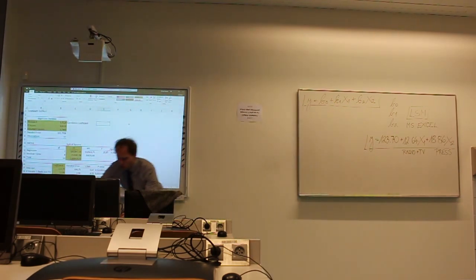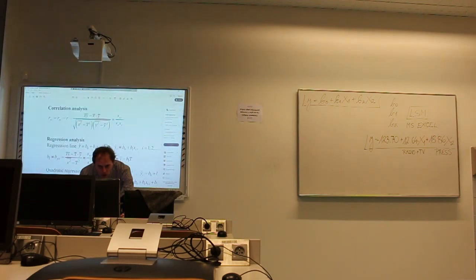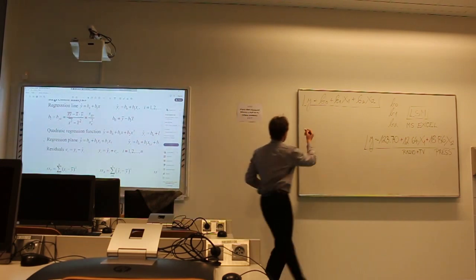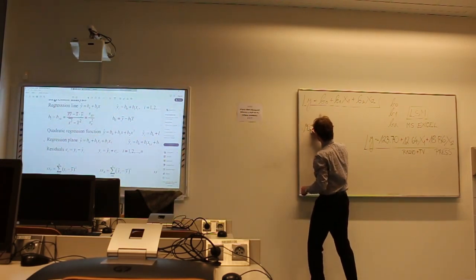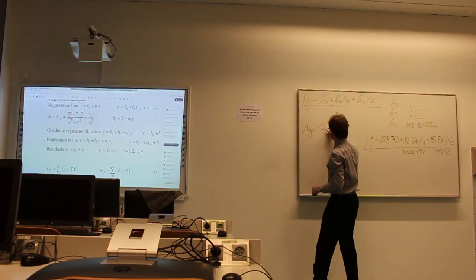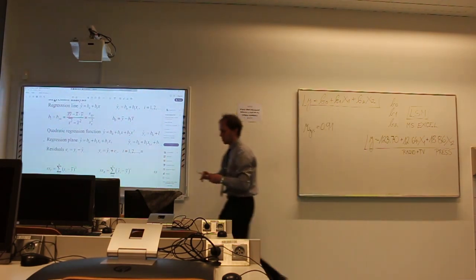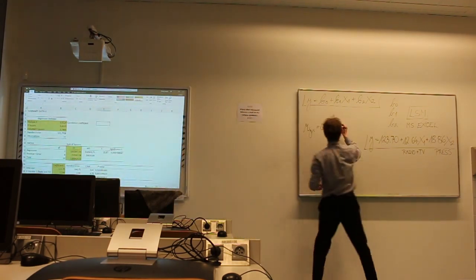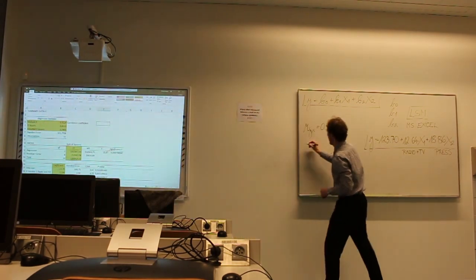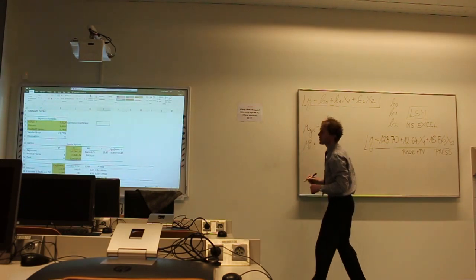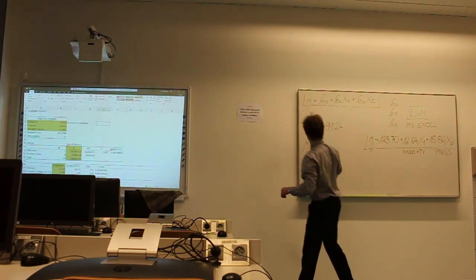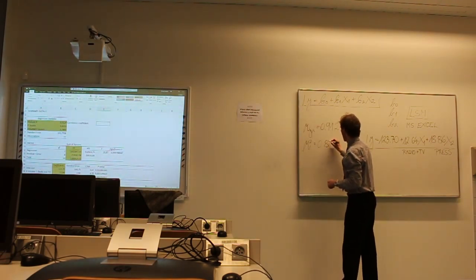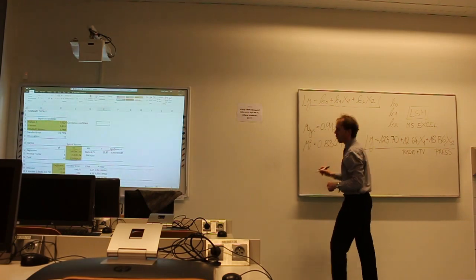Pearson correlation coefficient according to your formulas, r_yx is equal to 0.9124, and R squared is equal to 0.8324.